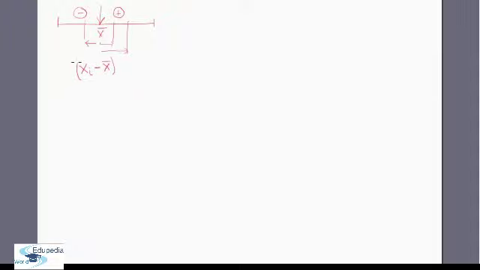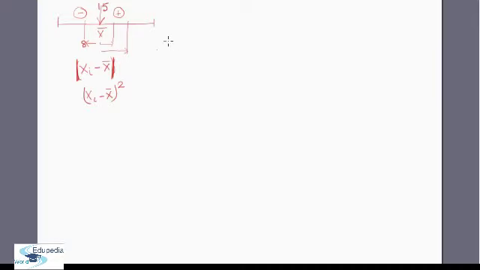Previously, to eliminate the negative sign, we simply used to take the absolute value of this. But now what we would do is we would square it, and we know that squaring any number, the result would be positive. Let's take an example and understand. Let's say that our central tendency value here is 15, and one of the observations on the lower side is, say, 8.